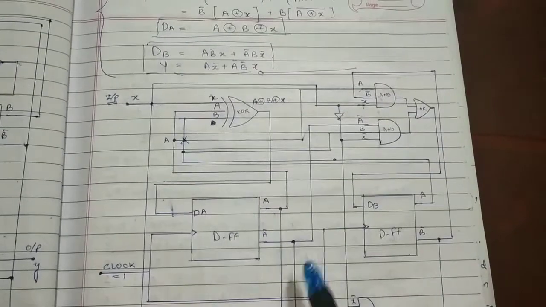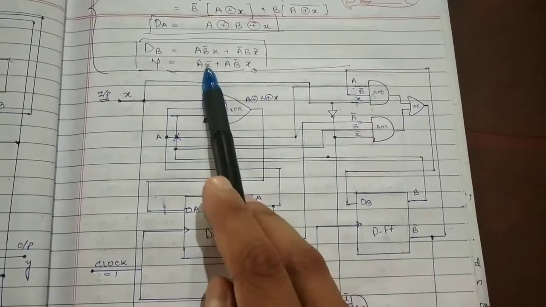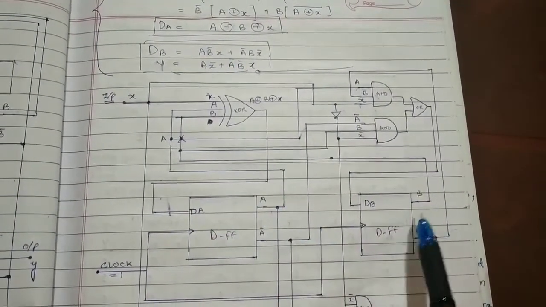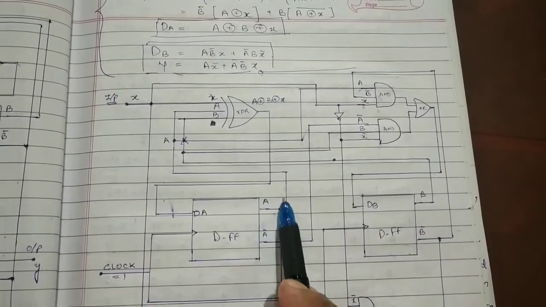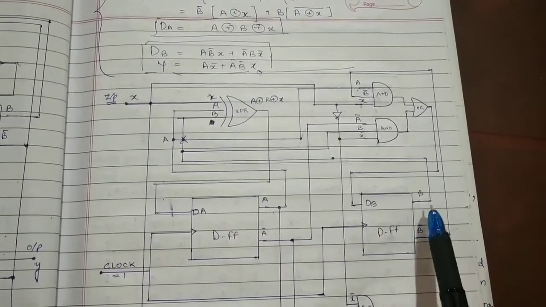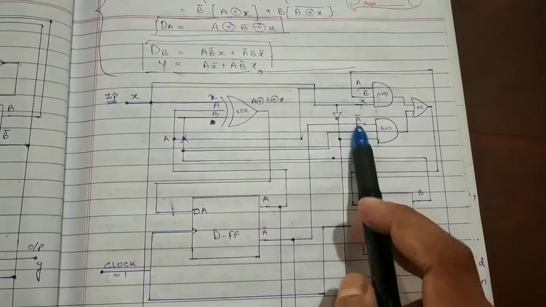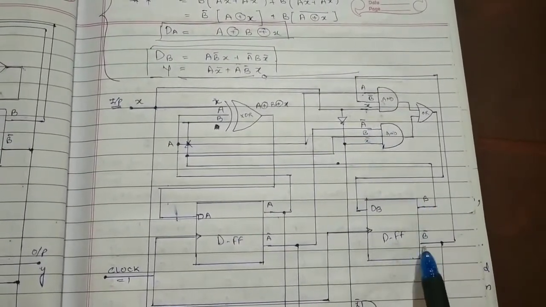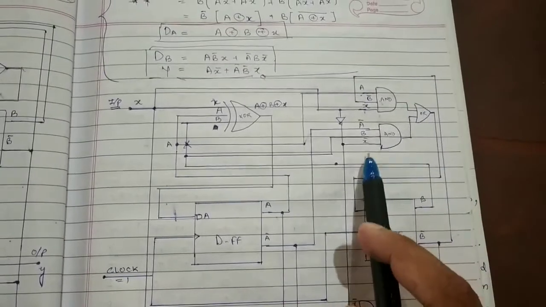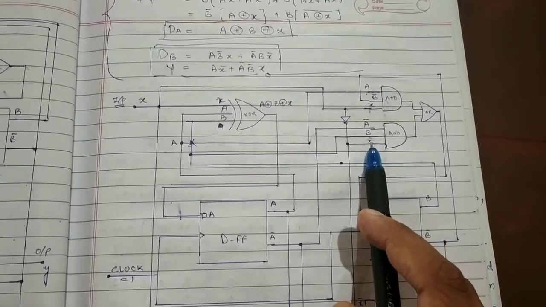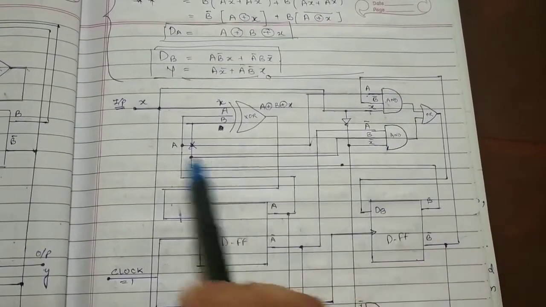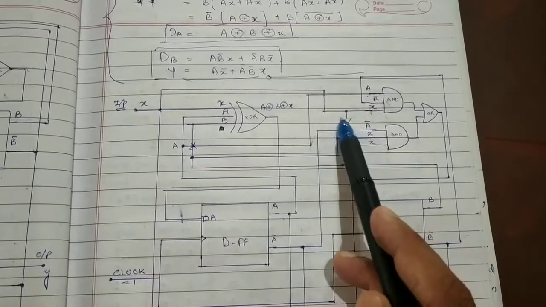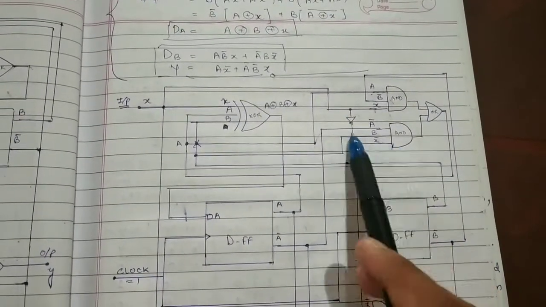Now for DB we have A B bar X bar. A we can get from this A, B bar we take from this B bar, and X bar we can take from this X, and after inverting it we get X bar.